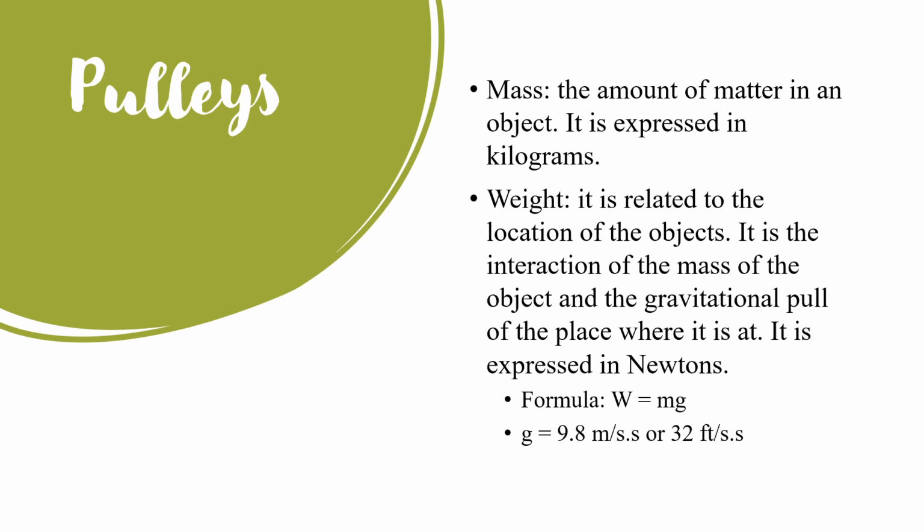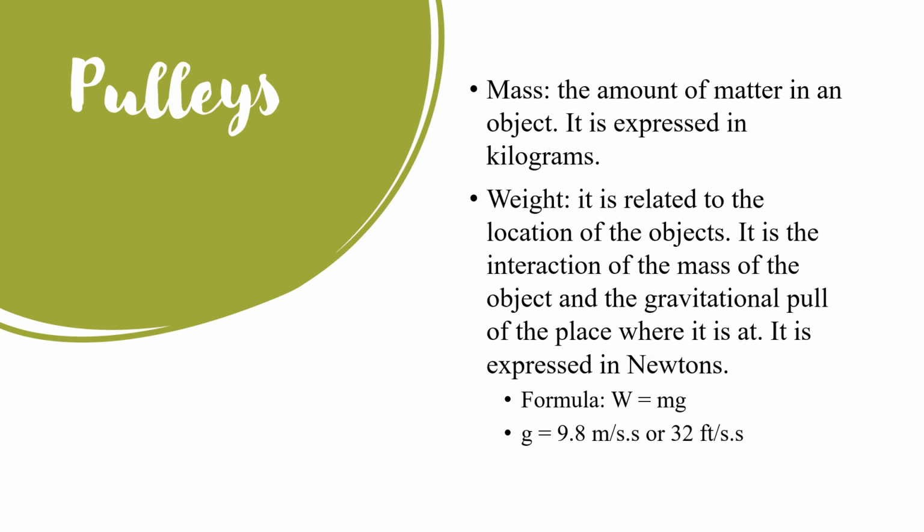Notice that the mass of an object is not going to change. If you put the mass of a ball on Earth, and you put that same mass on the moon, then nothing is going to change. What is actually going to change is the weight, because remember that the weight takes into consideration the mass of the object as well as the gravitational pull of where it is at.